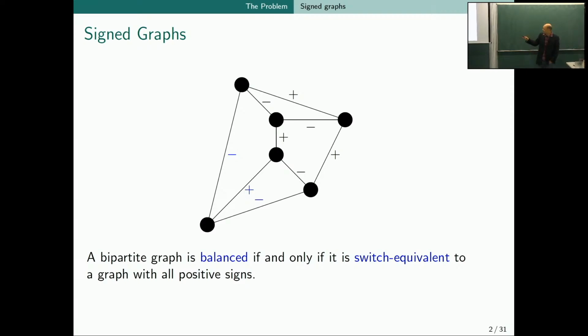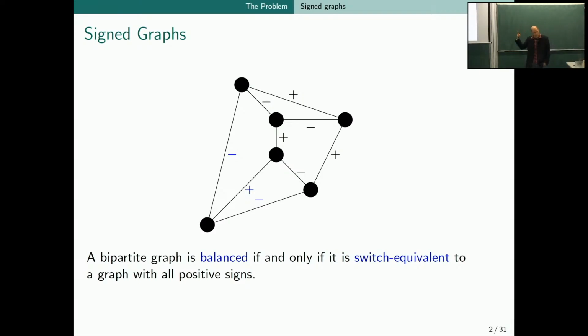And he said in a bipartite signed graph, it's balanced if all cycles are balanced. Right, so we say a graph is balanced if all cycles are balanced, and Zaslavsky showed us that it is balanced if and only if it's switch equivalent to a graph with all positive edges. So we'll need that later, but that's enough for signed graphs now.